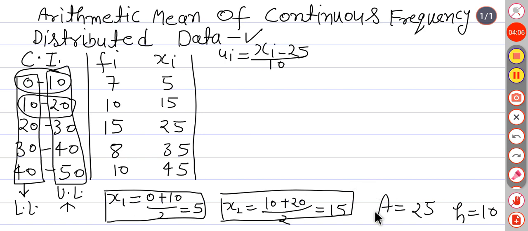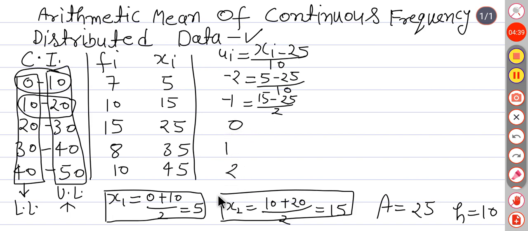You can choose any, but try to take the assumed mean as close to the mean as you can guess. For the first one the value would be minus 2, since 5 minus 25 upon 10. Then it will be minus 1, 15 minus 25 upon 10, and in the same way 0, 1 and 2.